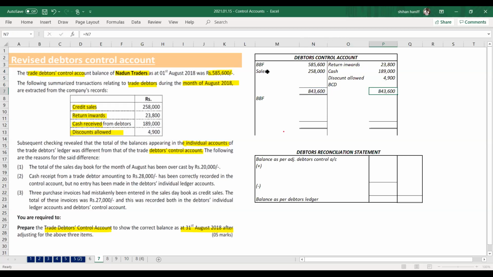So the total is 843,600 and the difference is 625,900. Sorry, the closing balance is 625,900.